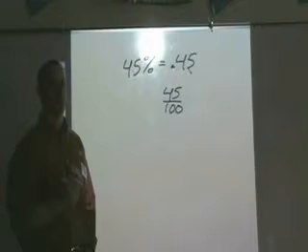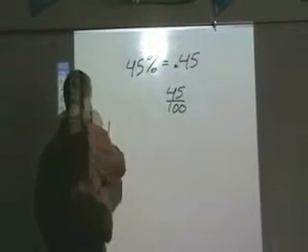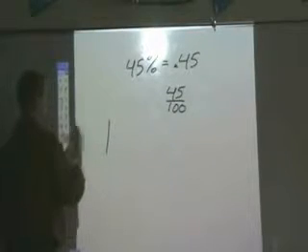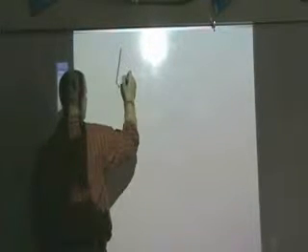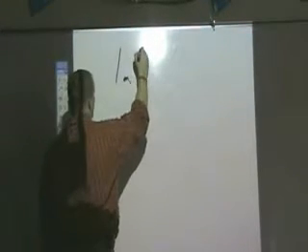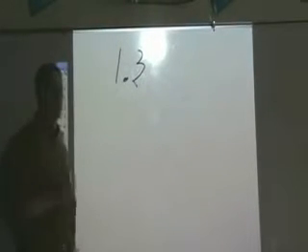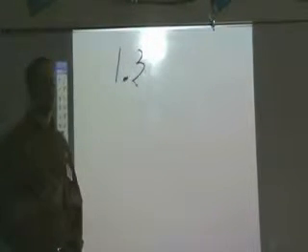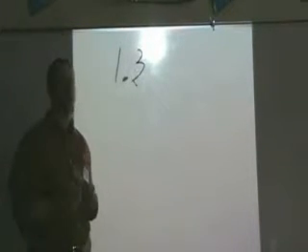Okay? So now, let's change this up in the new screen. What happens if you have 1 3/10? And your math teacher asks you to make 1.3 into a fraction.